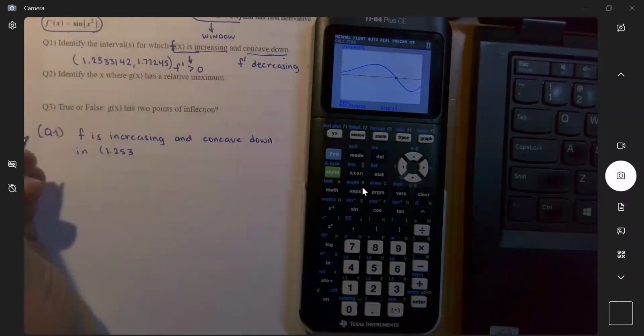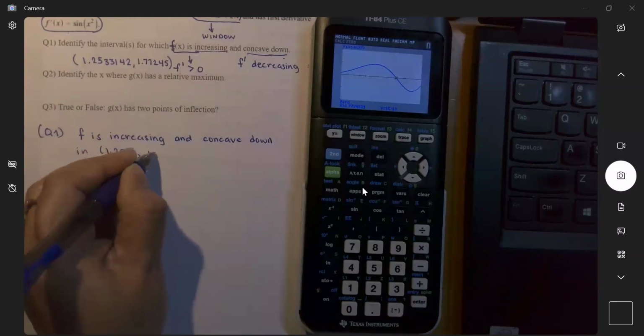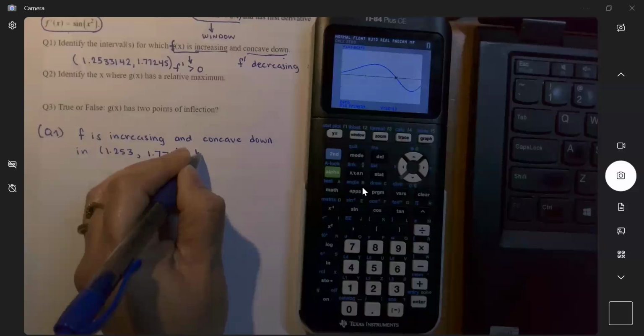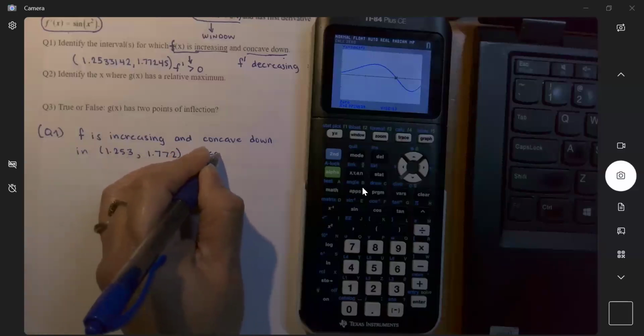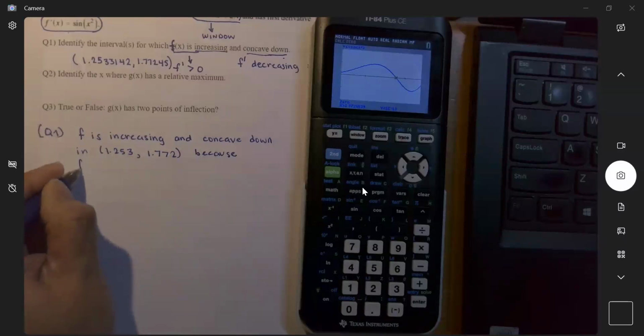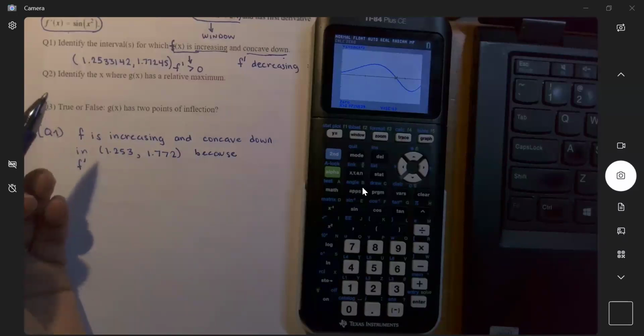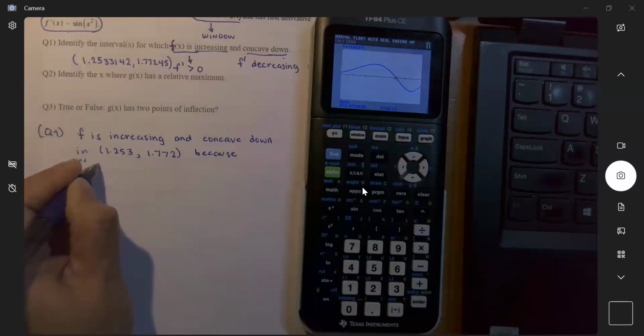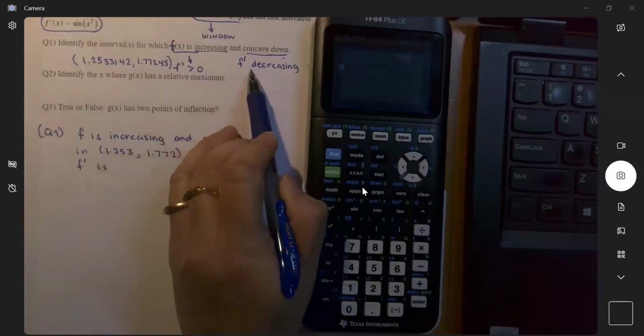1.253. Can I stop there? Yes. 1.772. And what's going on here? Why is it increasing and concave down for F here? Because F prime, so if they want you to prove something about F and they gave you a graph of F prime, you have to use F prime in your reasoning, because F prime is what's going on with F. So what's going on with F prime?